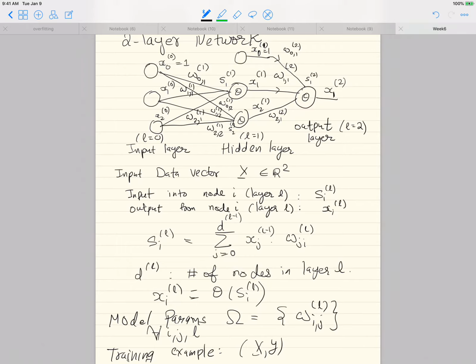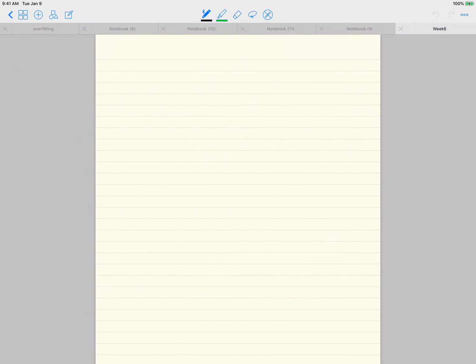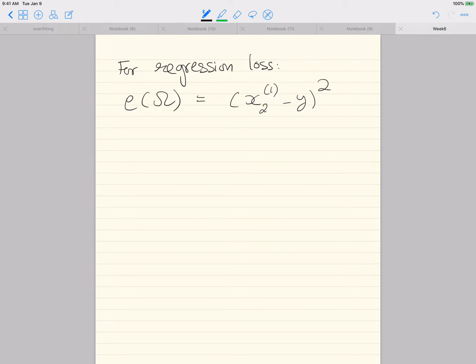If it's a regression, you compute the squared error. So E of omega will be the loss on this example, and in this case it will be (x_2 of 1 minus y) squared.